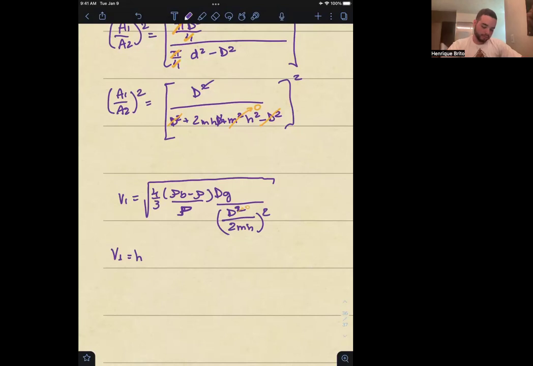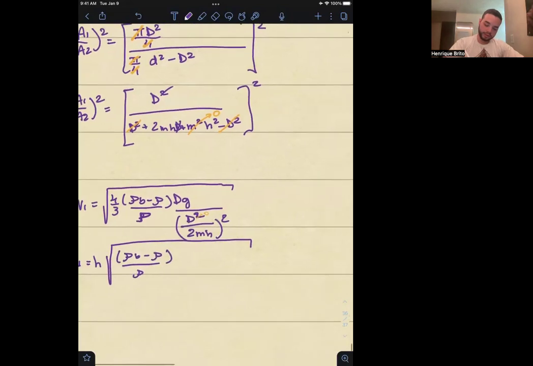So height one, and then we had our densities: density of the ball minus density of the fluid over density, times... do we still keep that on there? I think we can move things around here a little bit.